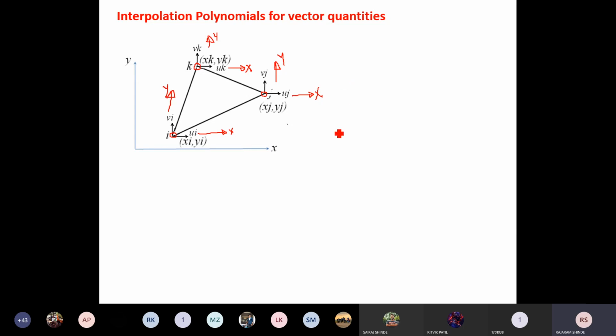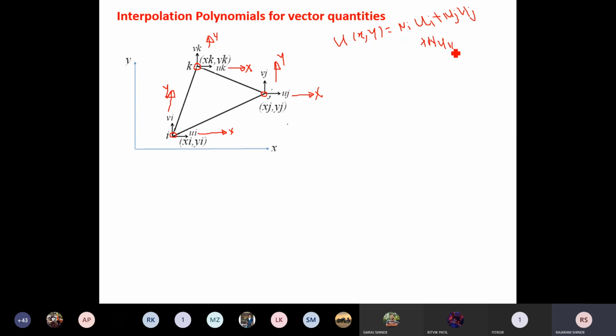Now when we want to write the interpolation polynomial, here same thing we have to write, that is u as a function of x, y, and that displacement can be written as, here just you have to replace the field variable, that is Ni ui, okay, plus Nj uj plus Nk uk.